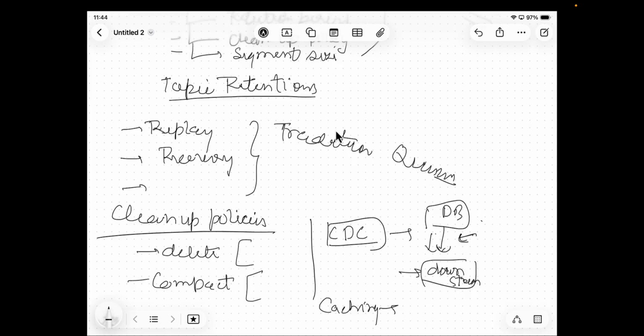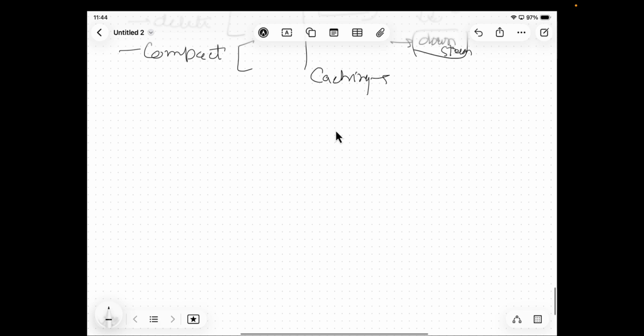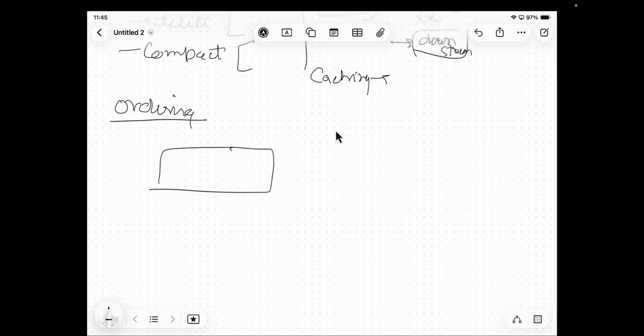And one more thing which is very important is the ordering of messages. So a topic does not guarantee ordering across the entire topic. Okay, let me make it more clear. One topic has partition P0, partition P1, partition P2. So what does it say? Ordering in Kafka is not guaranteed across the entire topic. In this topic, suppose it is topic T1, messages are coming in this one also, in this also, in this also.